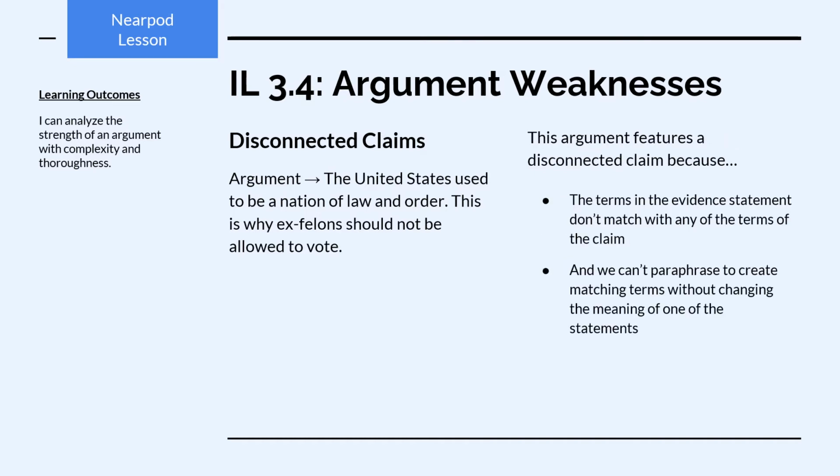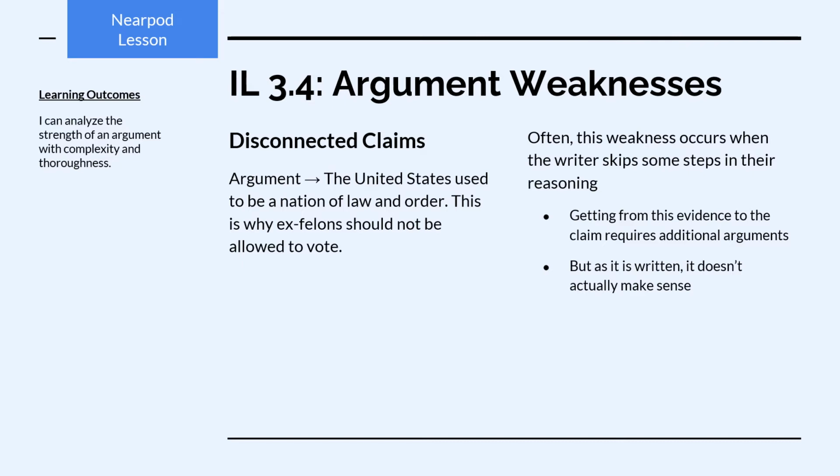This argument features a disconnected claim because the terms in the evidence statement don't match with any of the terms in the claim. And we can't paraphrase either of those statements to have matching terms without changing the meaning of one of those statements. So in this case, the evidence statement and the claim statement are just too divorced from one another conceptually to really make sense.